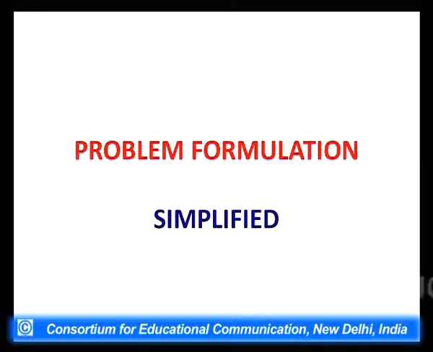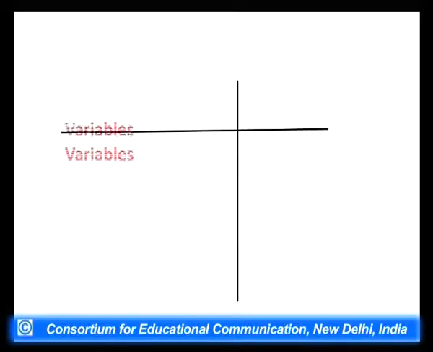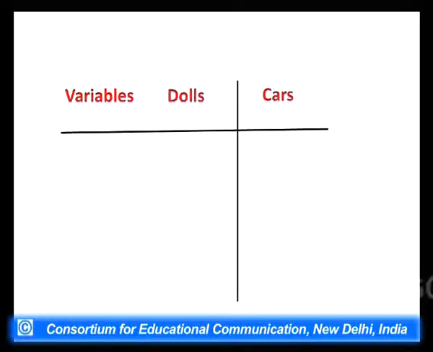So just see how this problem is formulated. Two columns have been formed, and on one side I have written variables. Variables are dolls and cars, and the symbols used for dolls and cars, D and C. This D is for dolls, C is for cars.